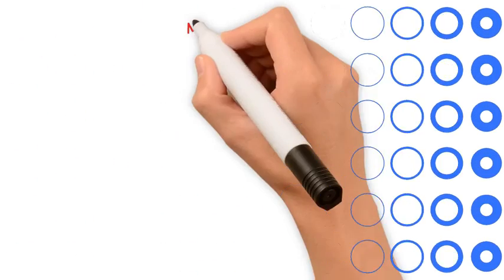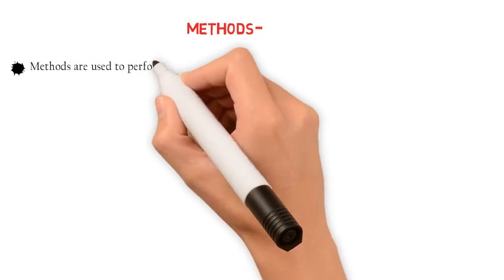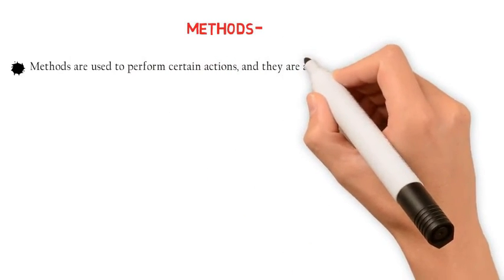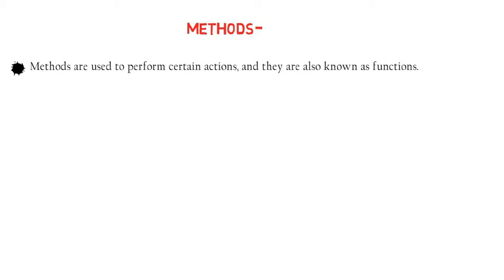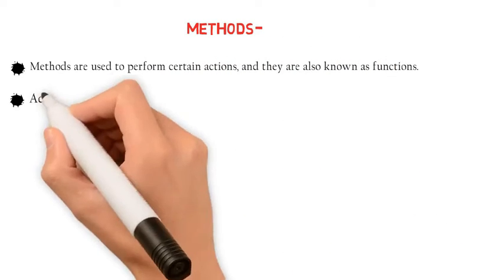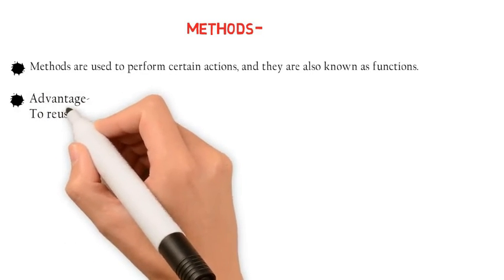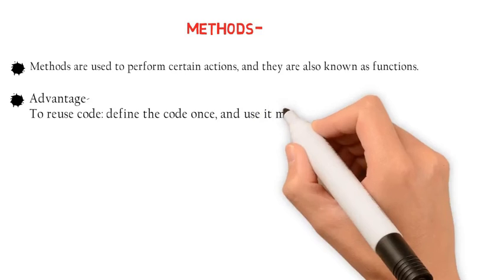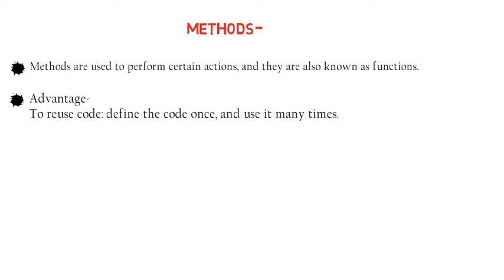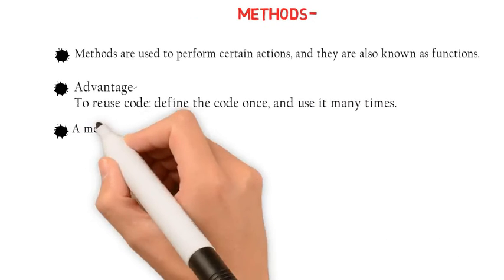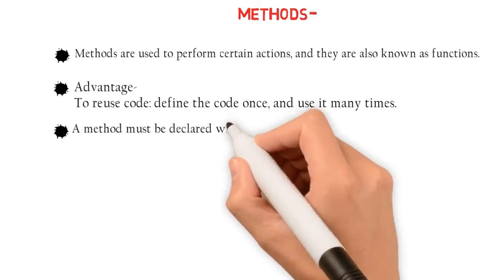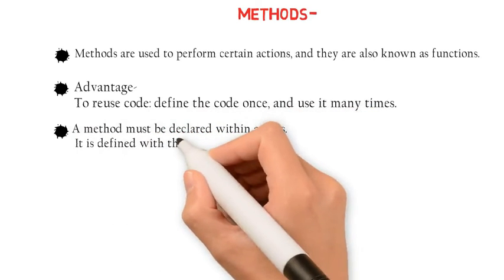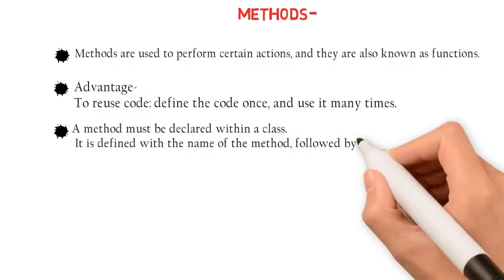Now we'll see about methods. Methods are used to perform certain actions, and they are also known as functions. Any action we need to perform, for example if we have to print something, we will include it in that particular method.